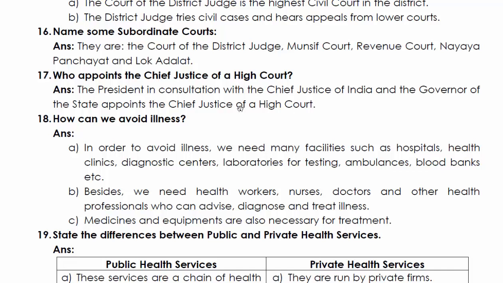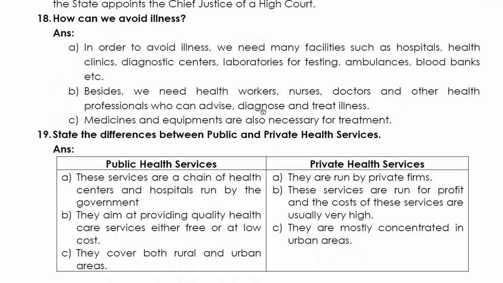How can we avoid illness? This is also a part of civics. In order to avoid illness, we need many facilities such as hospitals, health clinics, diagnostic centers, laboratories for testing, ambulances, blood banks, etc. Secondly, we need health workers, nurses, doctors, and other health professionals who can advise, or even diagnose and treat illness.